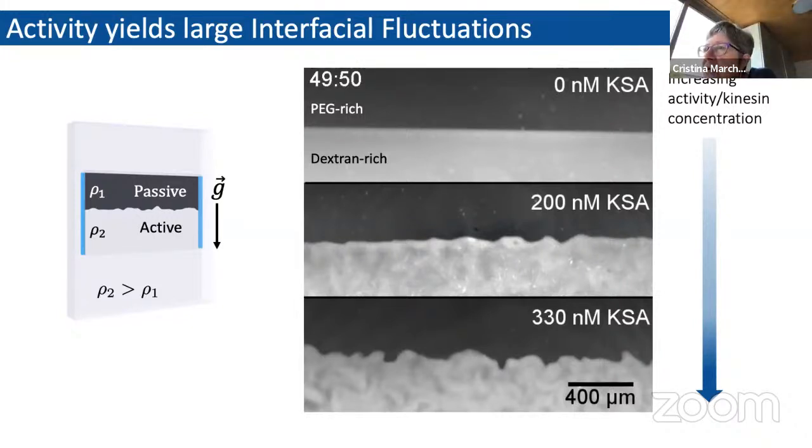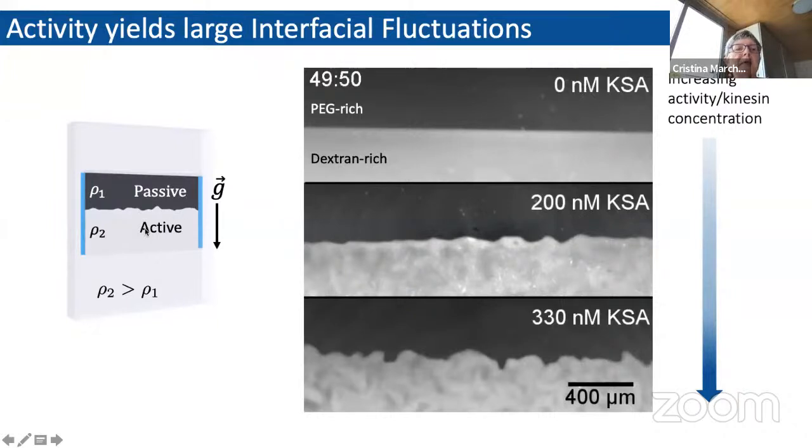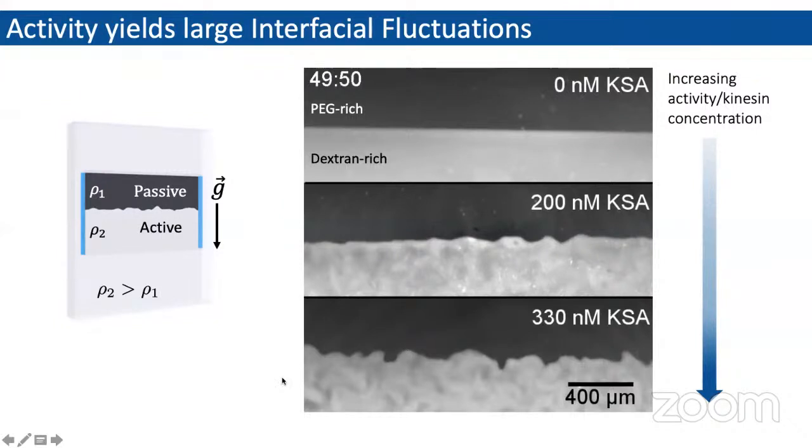Honestly, I'm not sure. This is all after the system... So they centrifuge the system, actually. See, the cell is vertical, and they centrifuge to get the active fluid to go to the bottom because it's heavier. And that's how you get it to actually phase separate this way. And then they measure this interface.